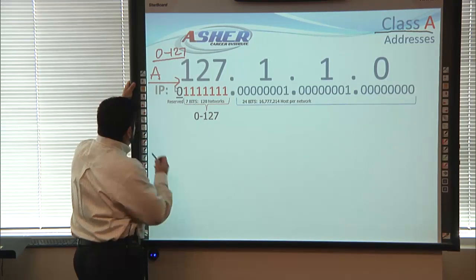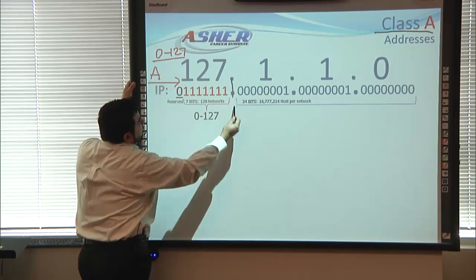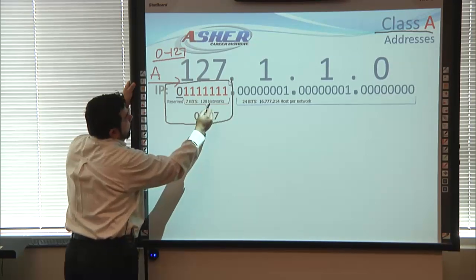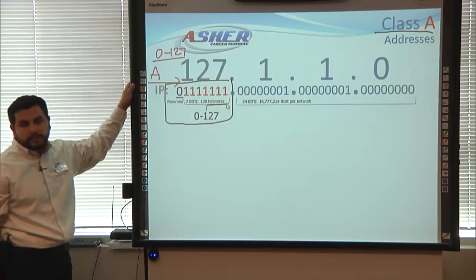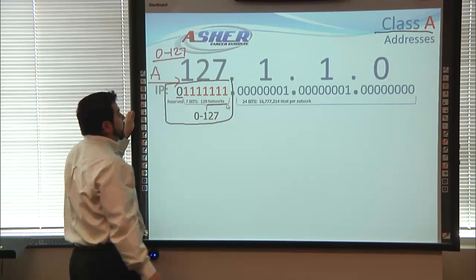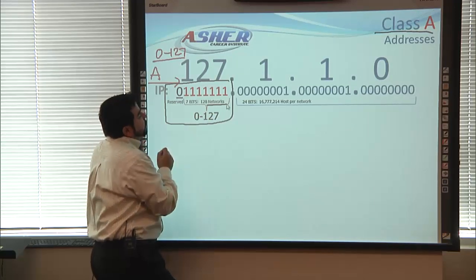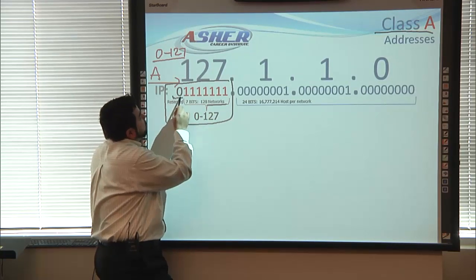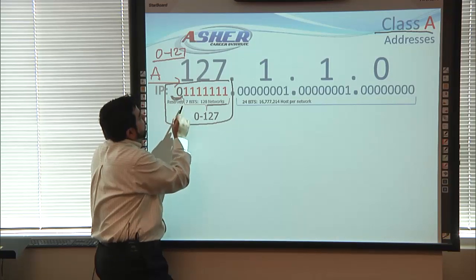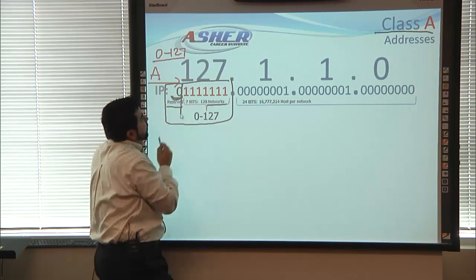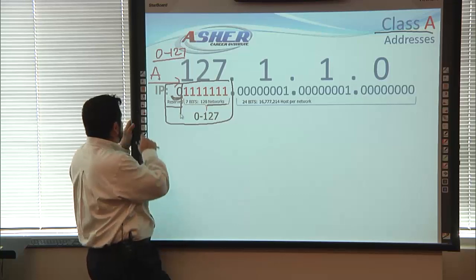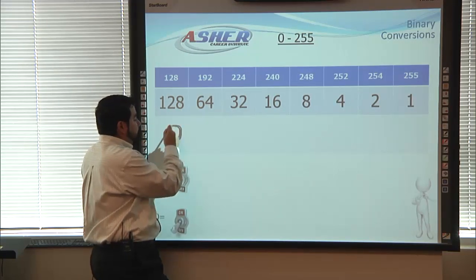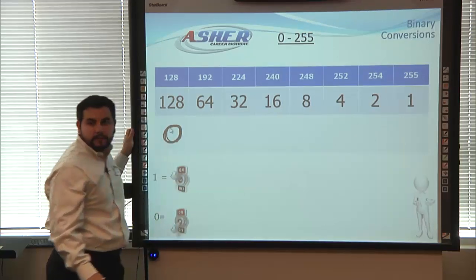In a class A, we have the first octet reserved for the network portion of the IP address. This network portion of a class A, the first octet, will always start with a binary number 0. It's reserved, the first binary number. So here, a class A will always have a 0 in the beginning.